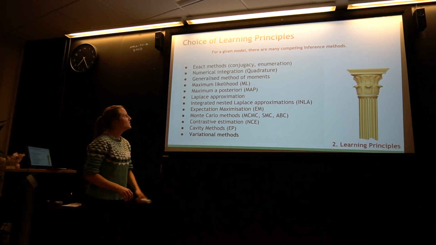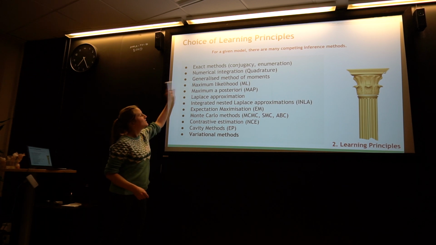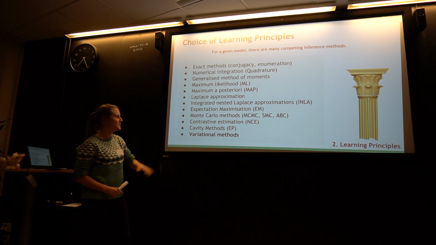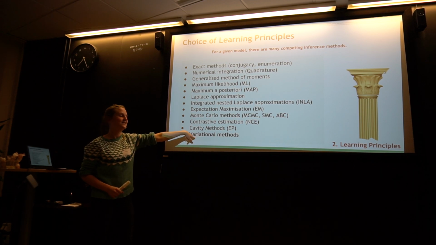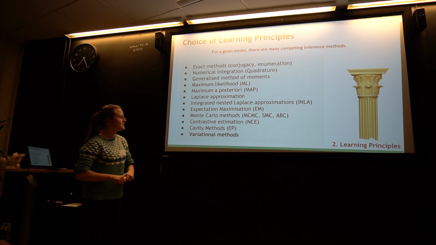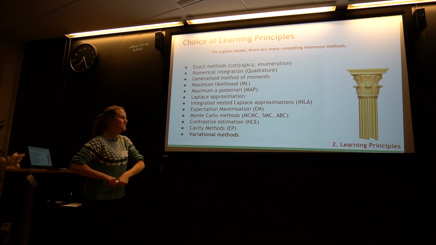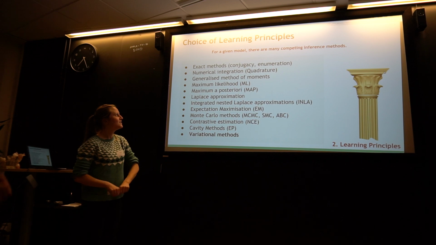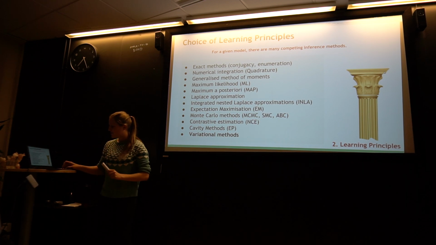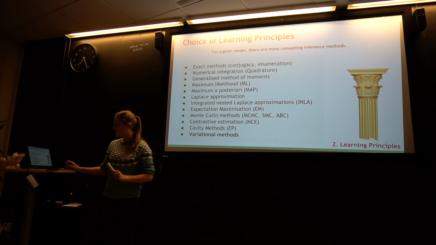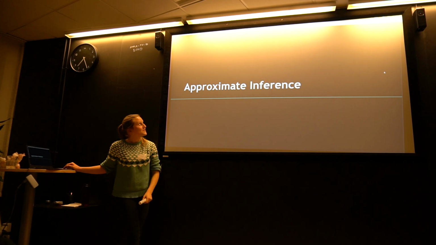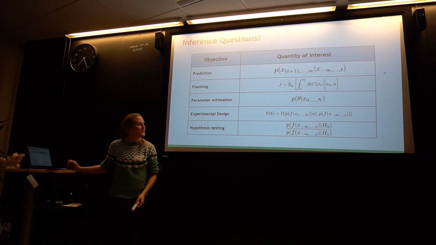You might know this one, and that one, and that one, and maybe some others. But today we're going to talk about the variational methods, which sometimes look super scary, but I try to get out the essence so that you can understand what we're doing. Right, so let's try to talk about approximate inference then. What do we need it for?